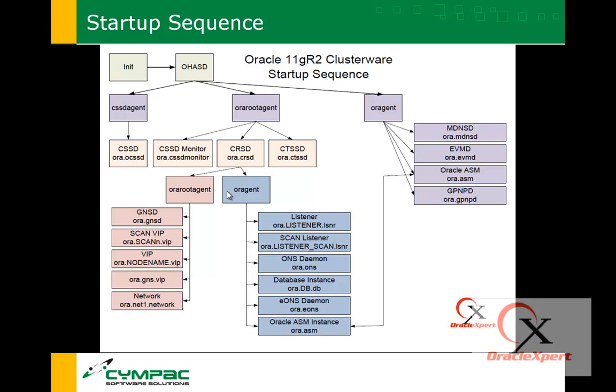All such resources are started as a regular Oracle or grid user, as may be the case in your implementation, and are started by a spawned process called the Oracle agent.